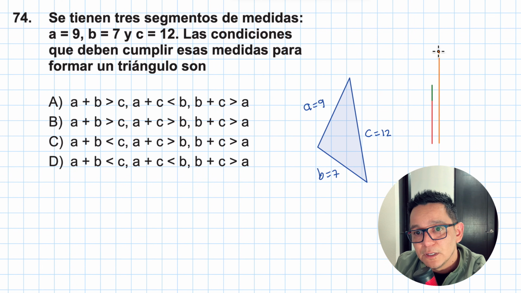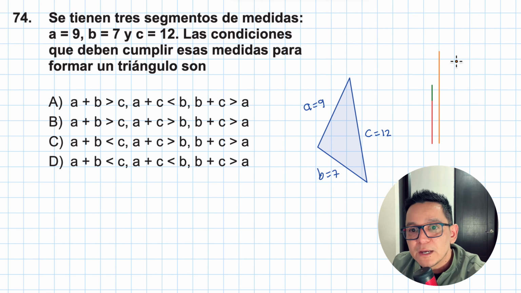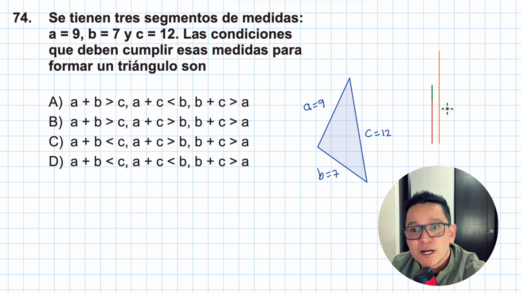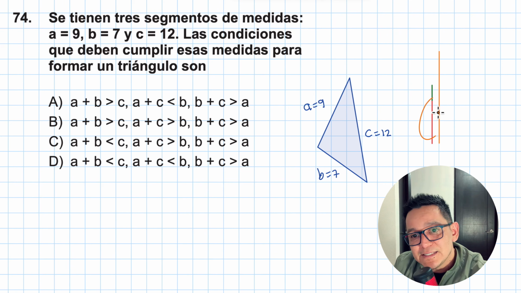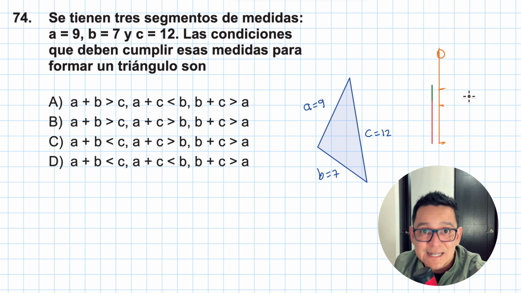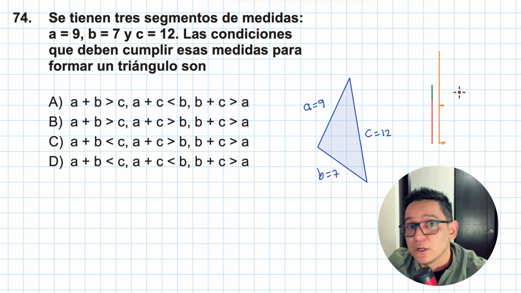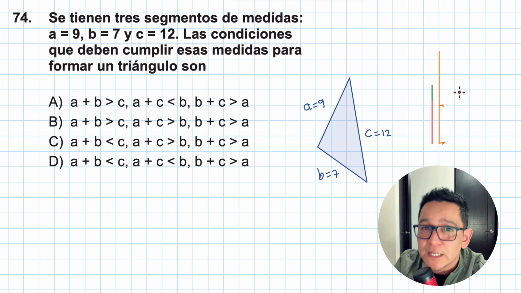Could I form a triangle with these three sticks? Well, I can't, because they don't reach. This one here, maybe I could put it around here, and this green one over here, but then it doesn't quite close all the way over here, does it? Therefore, if the sum of two sides is less than the other side, then the triangle won't be formed.